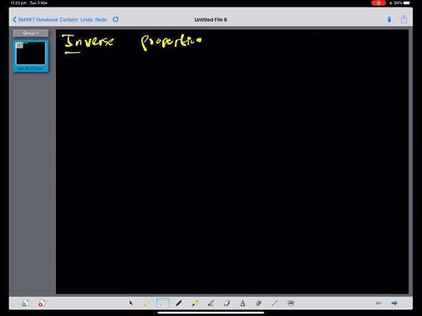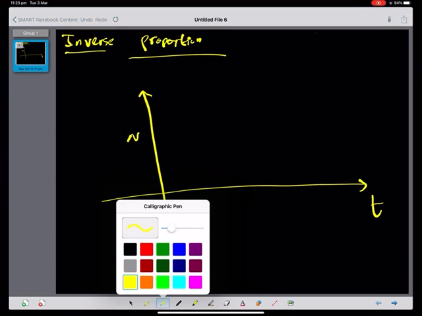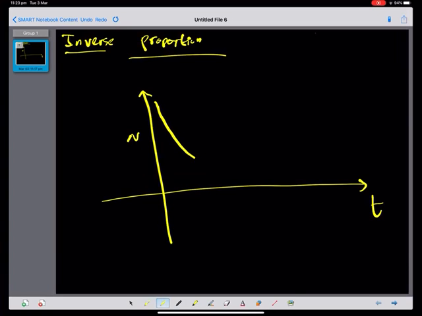So the time and the number of workers, let's just call this n. Okay, so as we increase the number of workers, we decrease the amount of time it takes. So we are going to get something like this.